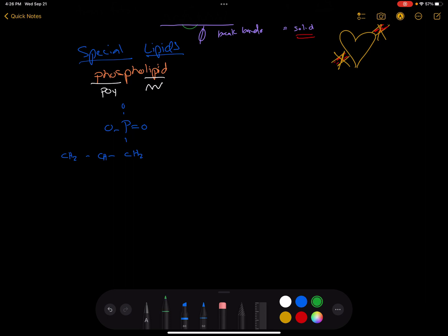And then coming off of those are a couple hydrocarbon chains. But here's the deal. One of them has a kink in it, and one does not. That means one of the fatty acid chains coming off is saturated, while the other one is unsaturated.